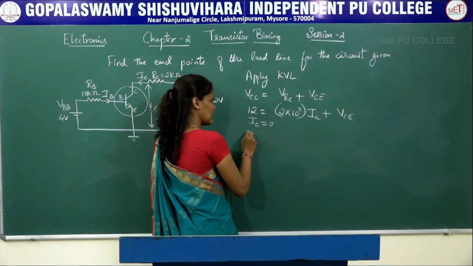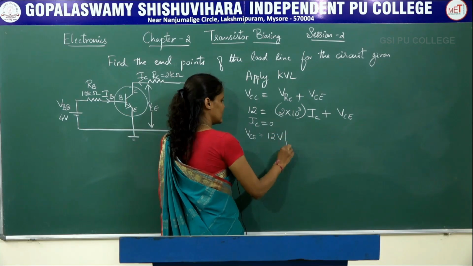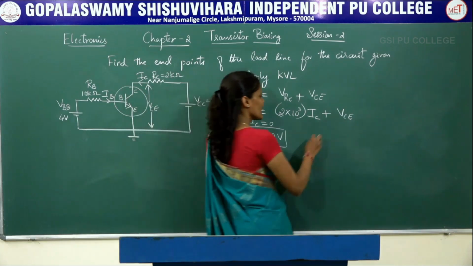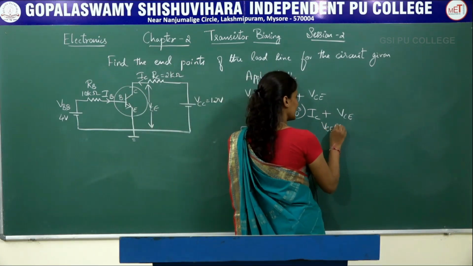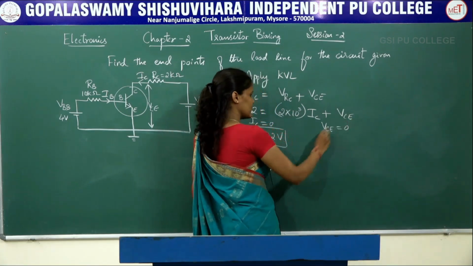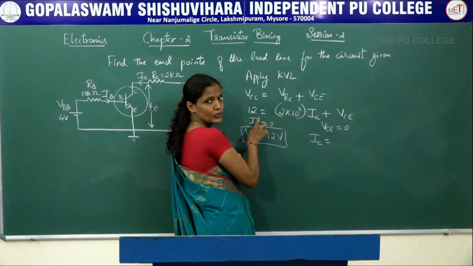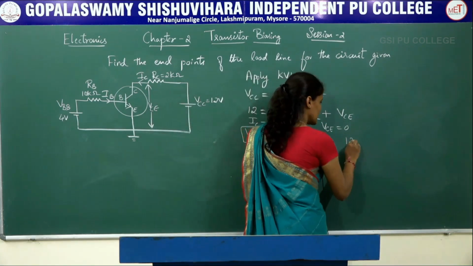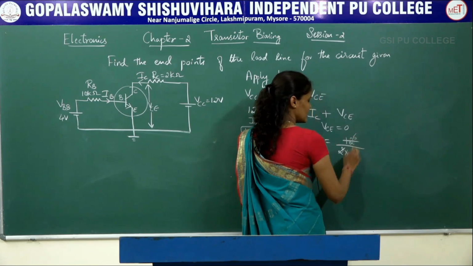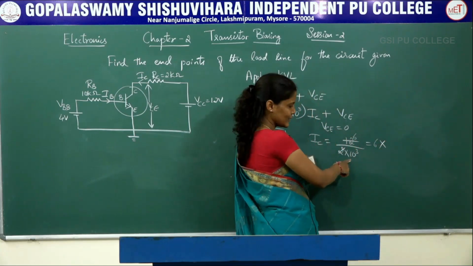When I put IC value 0, we will be left with VCE is 12 volts. For the same expression, if I substitute VCE value as 0, then this part becomes 0, so IC equals 12 divided by 2 into 10 to the power of 3. 2 sixes are 12, so 6 into 10 to the power of 3 is in the denominator.